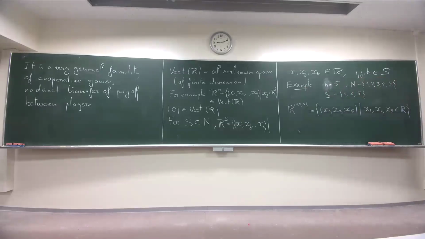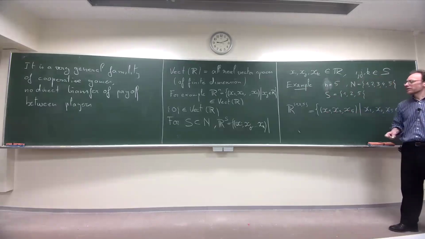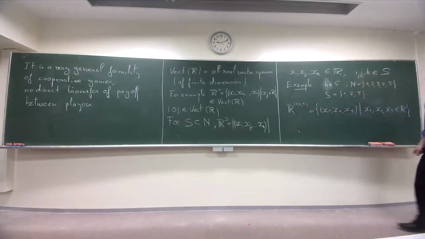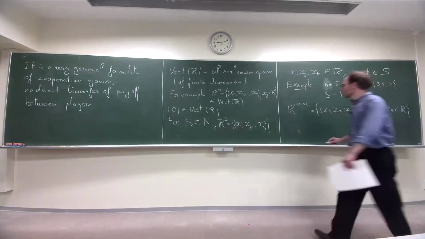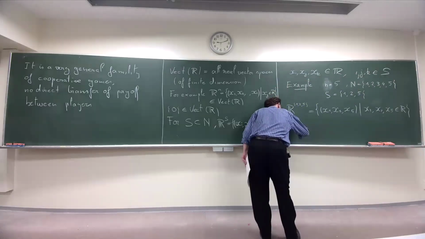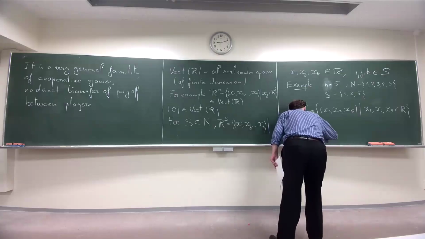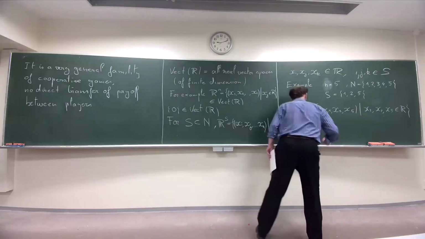So what is important, and it plays a role, is that the names of these variables are associated with this subset of N. So be careful, for example, this space is not the same as R with power {1, 2, 4}.